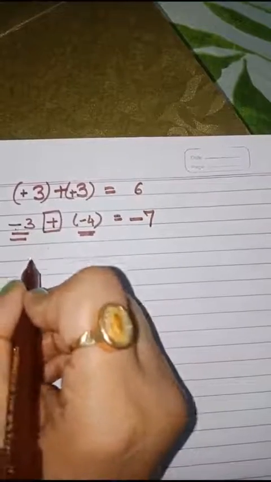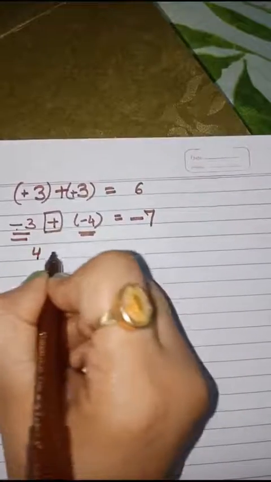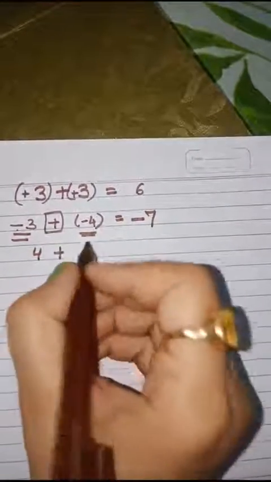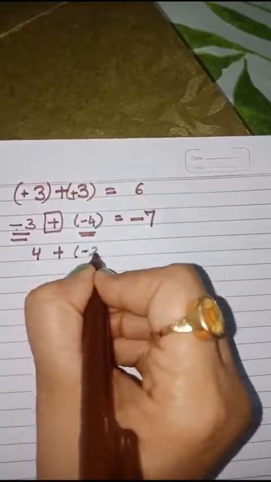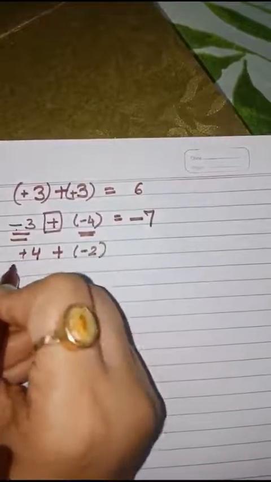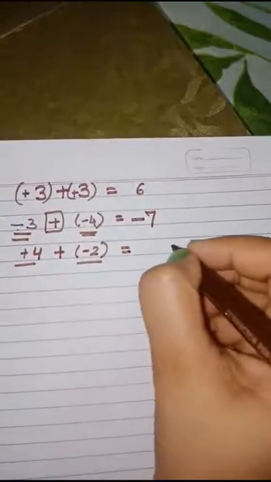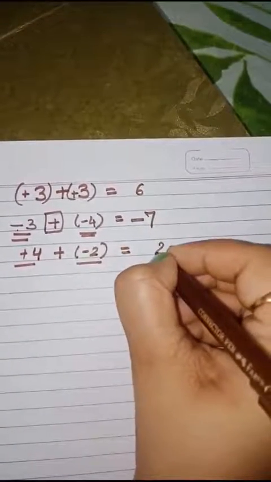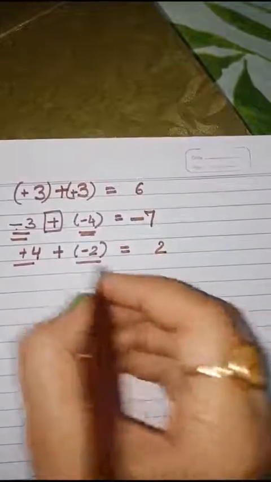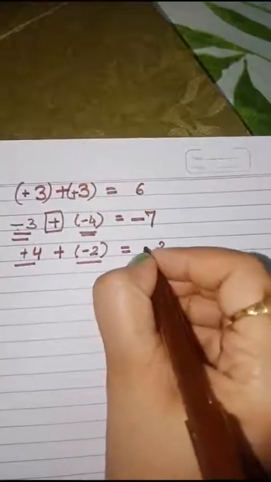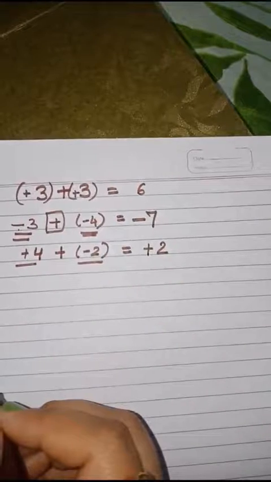If the first number is positive and the second number is negative, this is plus, minus is minus, so we will subtract. 4 minus 2, that is 2, and the sign of the greater number will come in the answer.